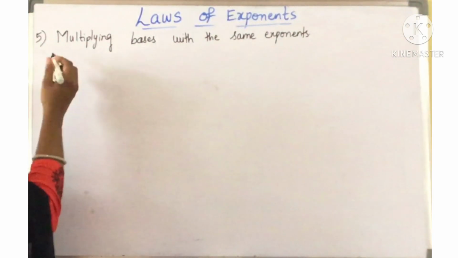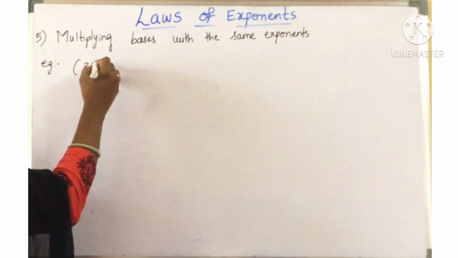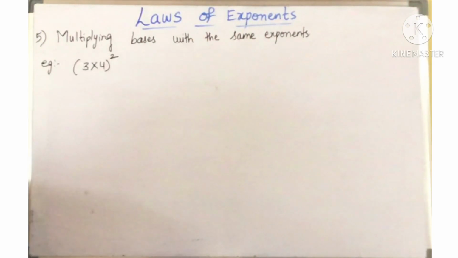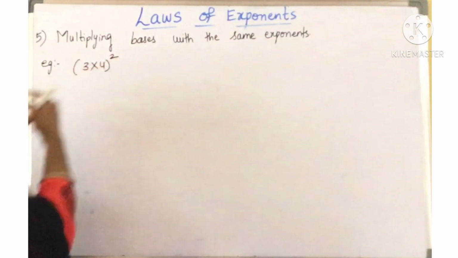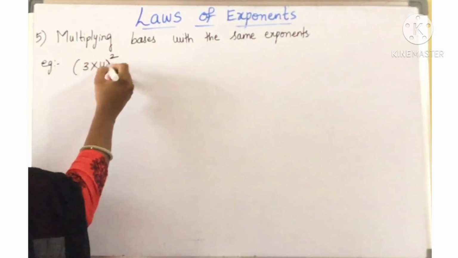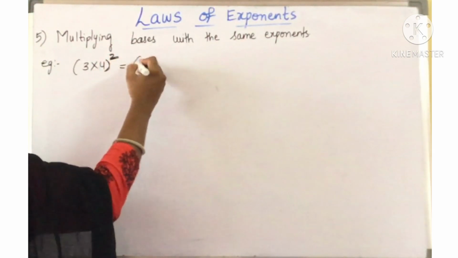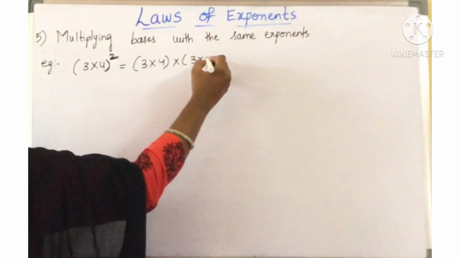Now we'll take one example. 3 into 4 whole to the power of 2. Means for 3 the power is 2, for 4 the power is 2. How did you get this? Here 3 into 4 is multiplied 2 times because the power is 2. So I will write 3 into 4 into 3 into 4.